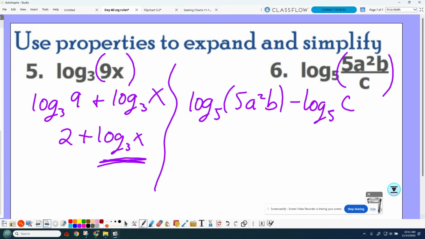I try to not have them have 4 pieces to them, but that's not an option they let me turn off. So, step 1, I see a division inside, so I make it a subtraction. Step 2, I see 3 lumps multiplied, so I'm going to pull those multiplied things apart.